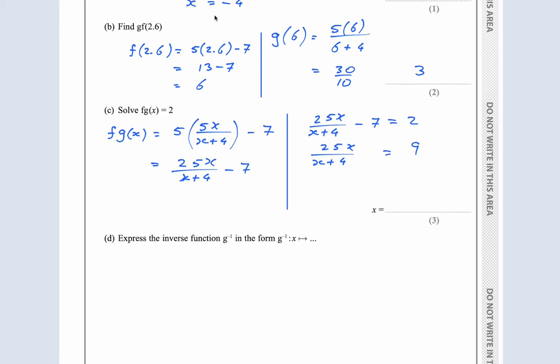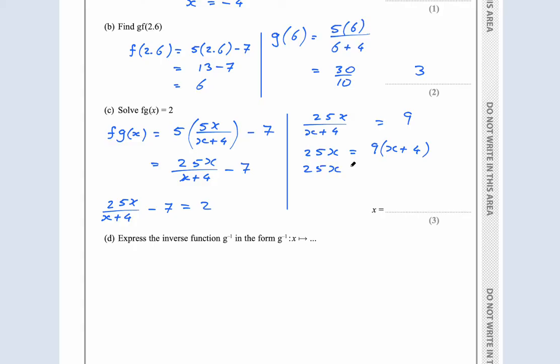Then multiply across. So guys, I'm actually going to move this here because I'm going to run out of space. Multiply across by x plus 4. So now I get 25x equals 9 times x plus 4. 25x equals 9x plus 36. 9 times x, 9 times 4.